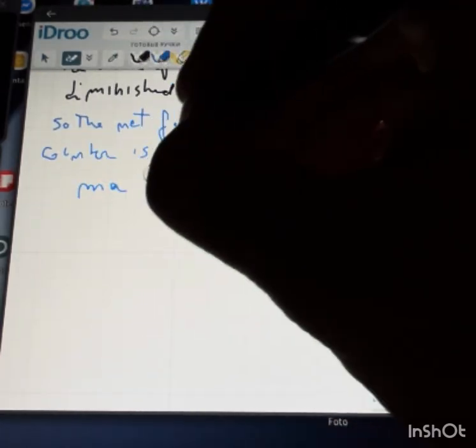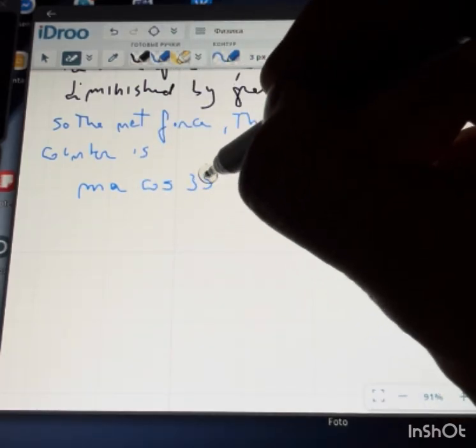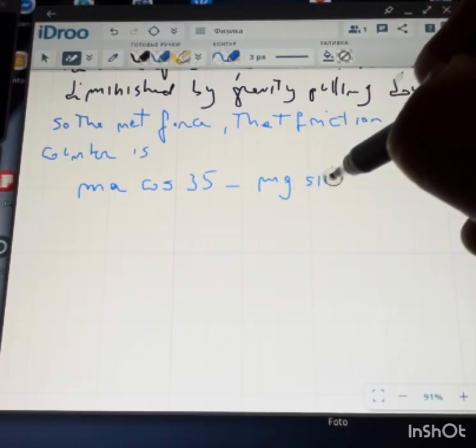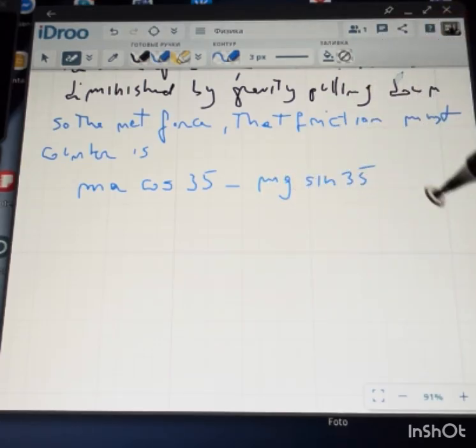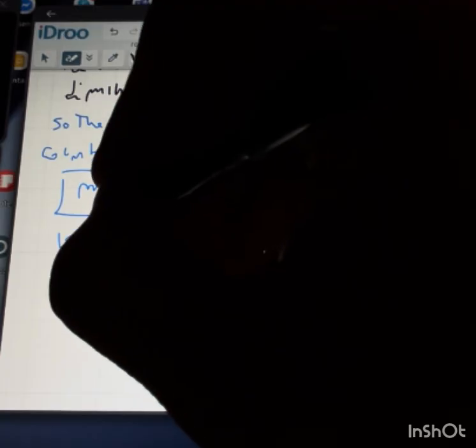What the friction must counter is ma cos 35 minus mg sin 35. Yes.